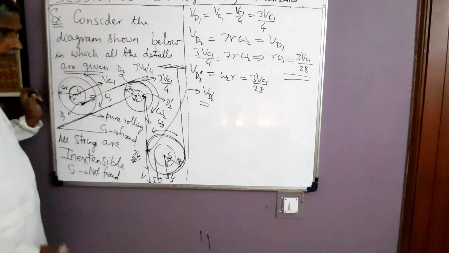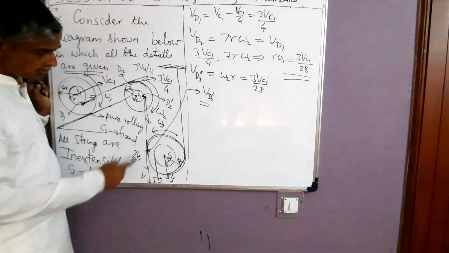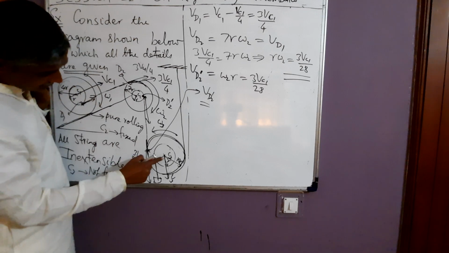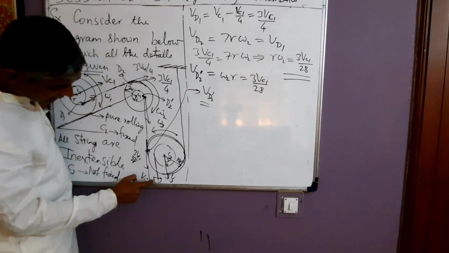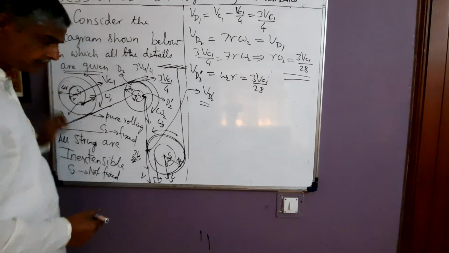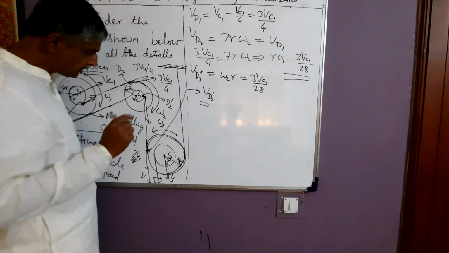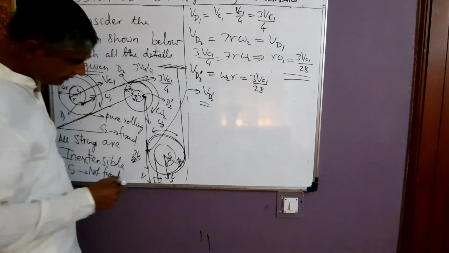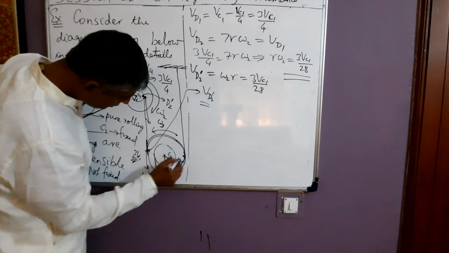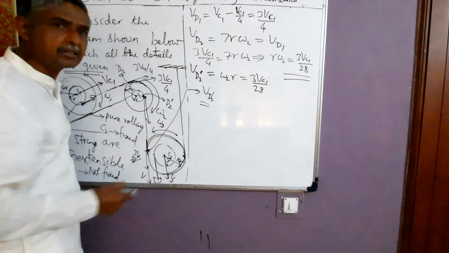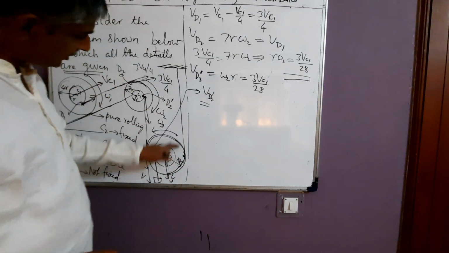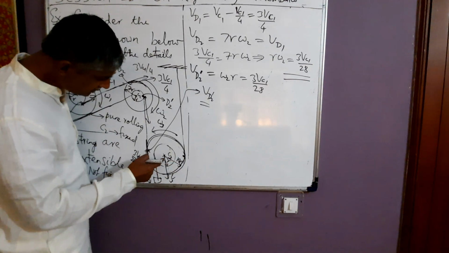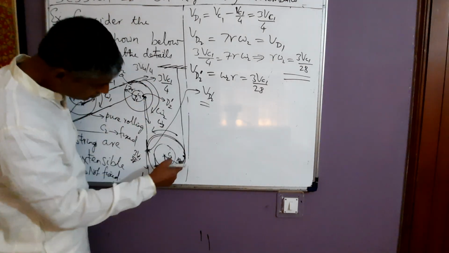So now you see, Vd2 dash is the same as how much? 3Vc1 by 28. And this C3 moves at V3 and this block moves at speed V downward. Now the most crucial point is this. See, at this point also the string and the double cylinder are in contact. Now as the cylinder moves down, this string also unfolds here.